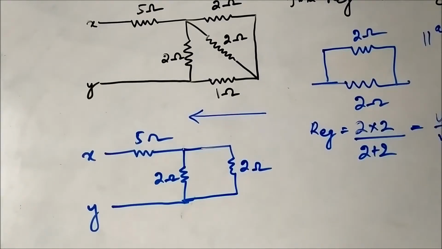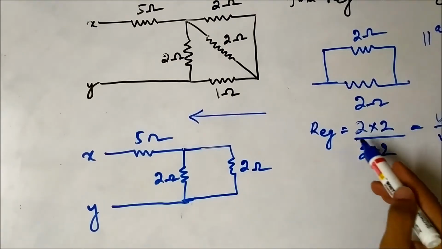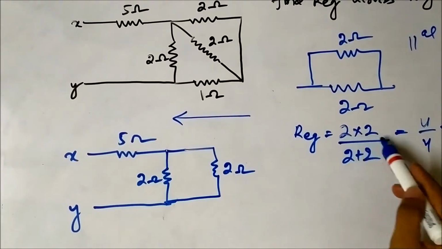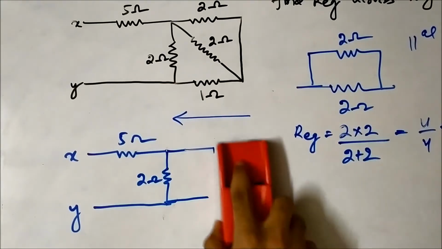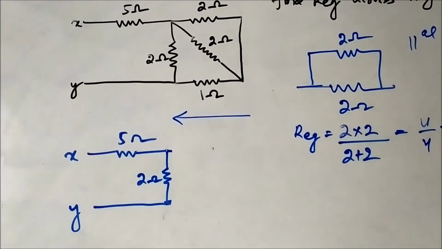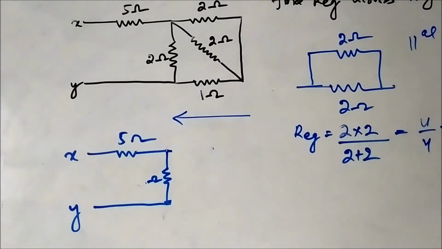The parallel equivalent resistance will be 2 into 2 by 2 plus 2, which is 1 ohm. So the equivalent circuit will be, just remove this and this will become 1 ohm.